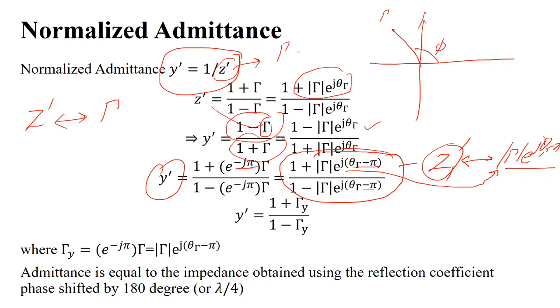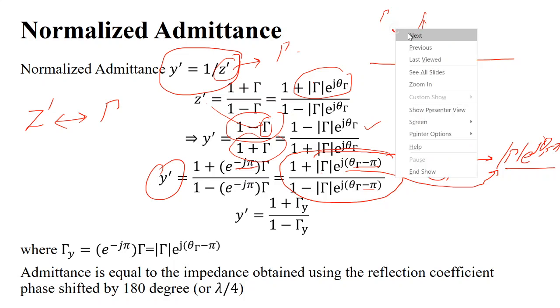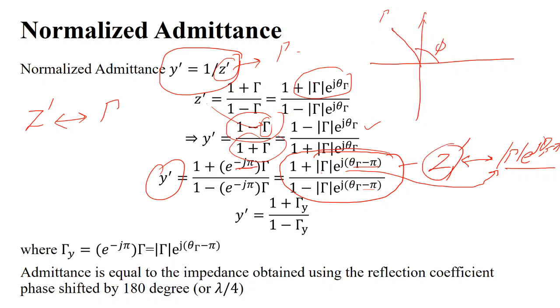This is a minus sign, so you are decreasing the phase. So you are moving clockwise. You just move here by pi. Pi means 180 degrees. So if you move 180 degrees, you will reach here. If this is phi, then this will be phi minus pi here.